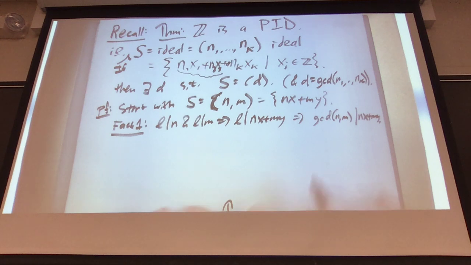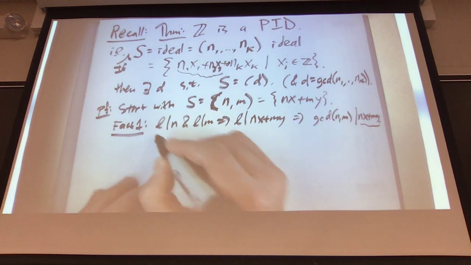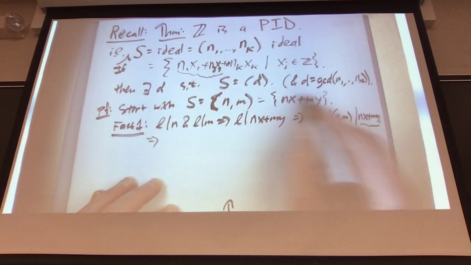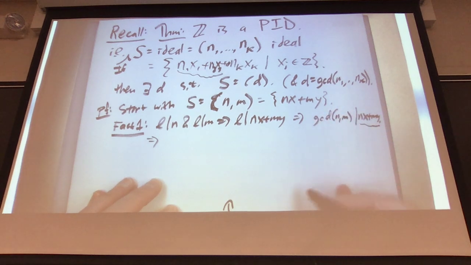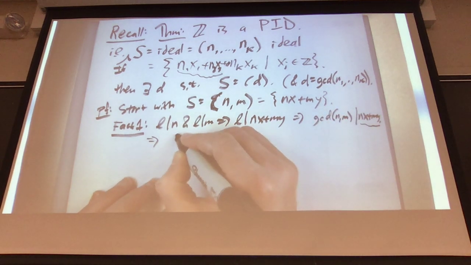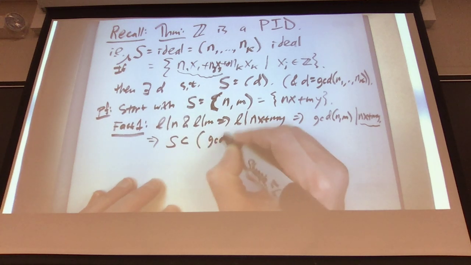Okay, so what does that mean? That means that anything that's of the form nx plus my is also a multiple of the GCD. So S is contained inside the multiples of the GCD.